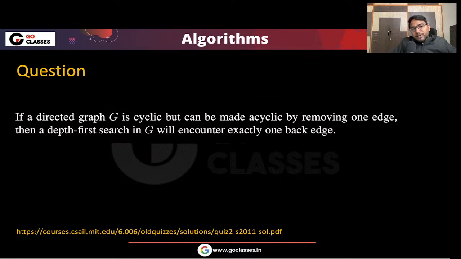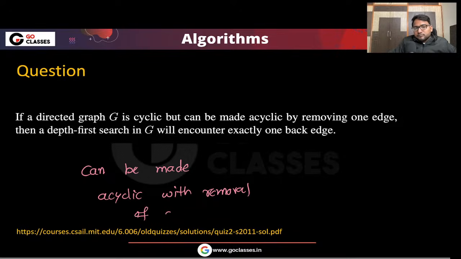Can you say the reverse implication, that if it can be made acyclic with removal of one edge, does this mean exactly one back edge?